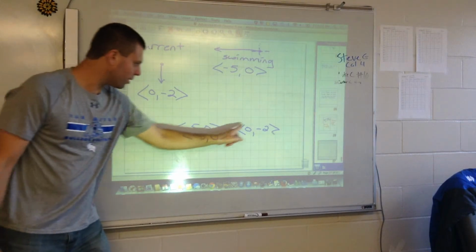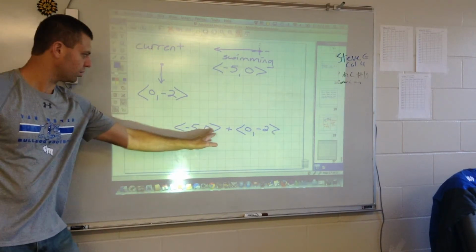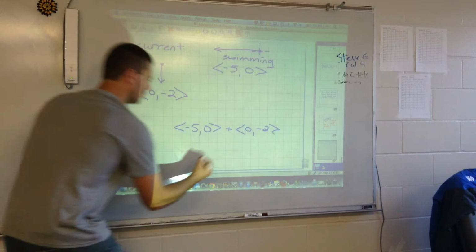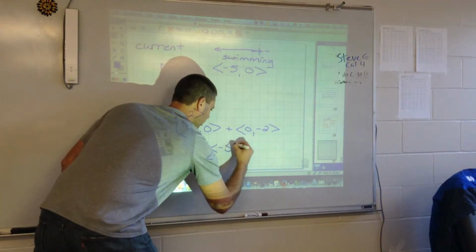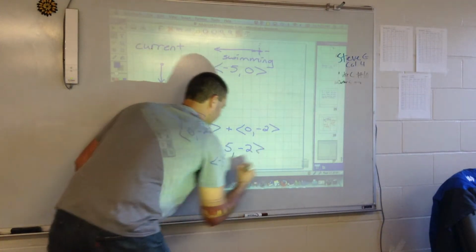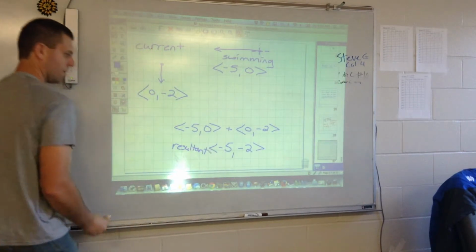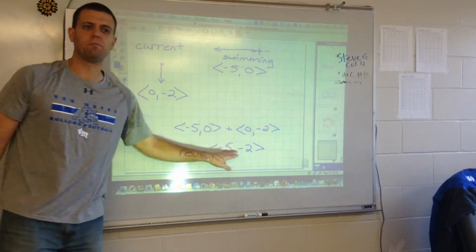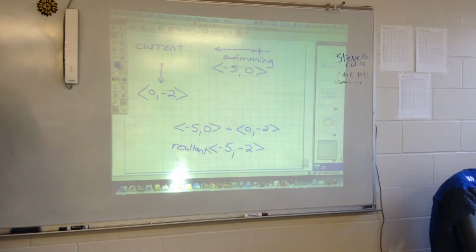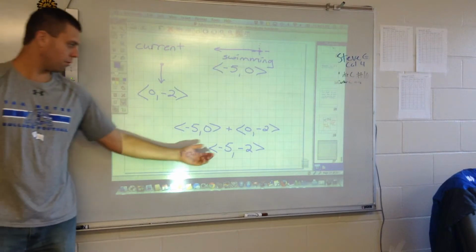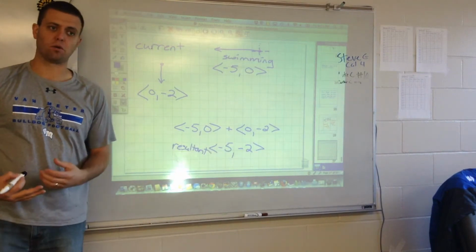Negative 5 plus 0 is negative 5. 0 plus negative 2 is negative 2. So your resultant vector would be negative 5, negative 2. That would be your resultant vector written as an ordered pair.